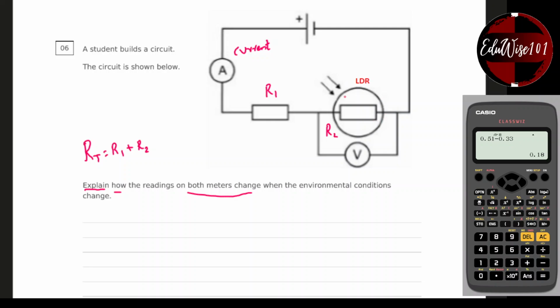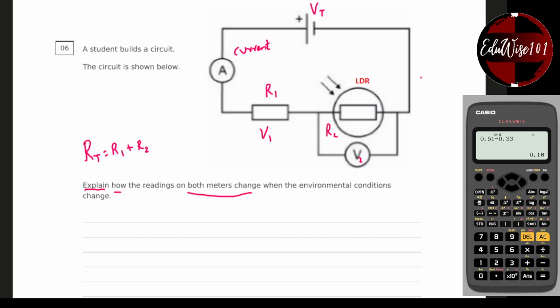If the resistance goes down, what happens to the voltmeter reading? Now, the potential difference here from the power supply is actually shared between this fixed resistor and this LDR. So if the resistance goes down, current increases.